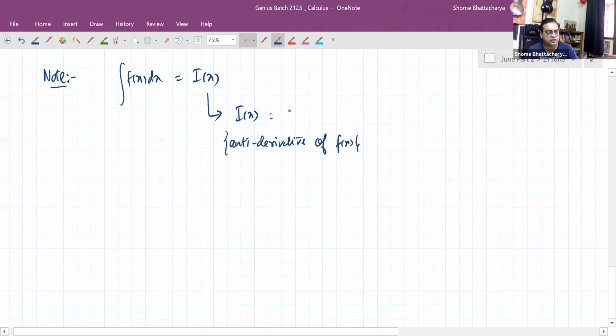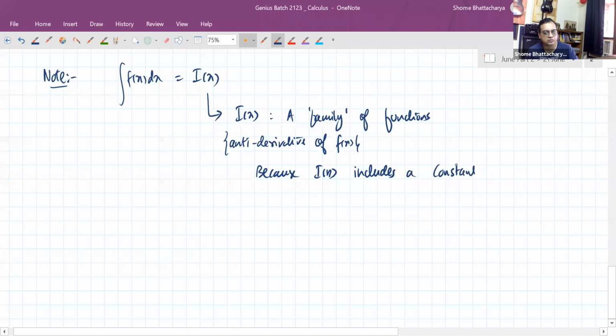I(x) is actually a family of functions, because I(x) includes a constant term, such that this constant can be any real number.